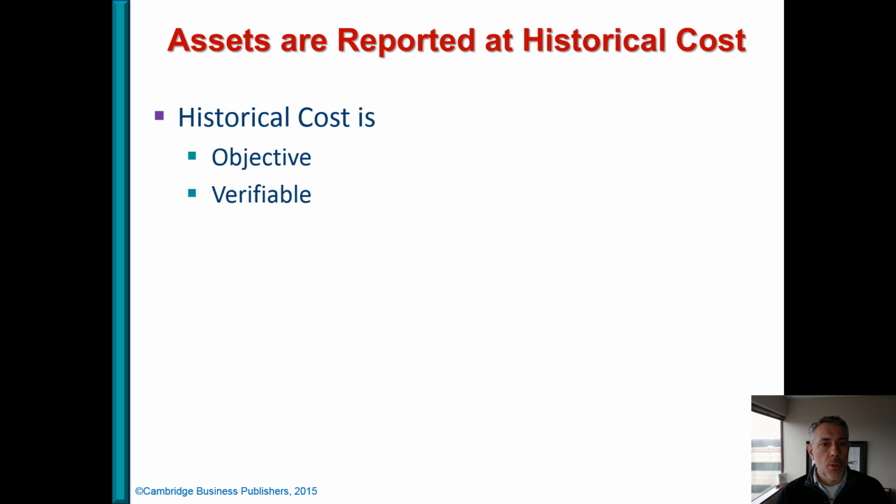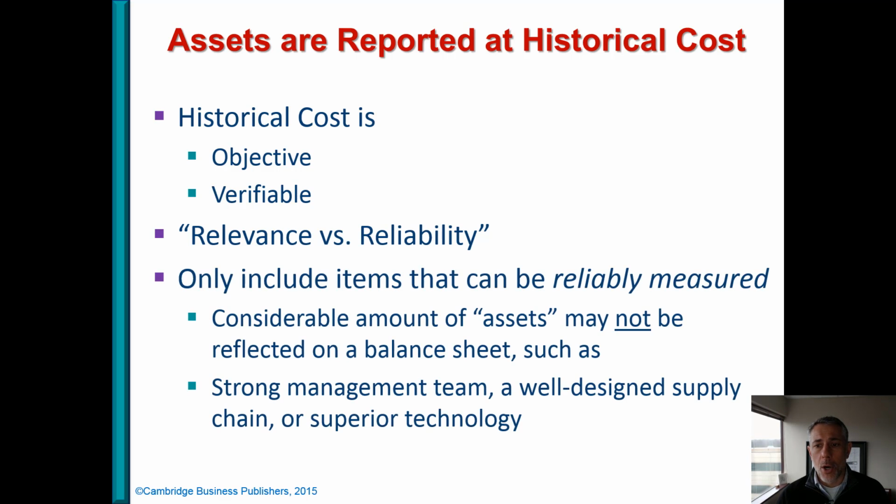Assets are reported at historical cost. We use historical cost partly because it's objective and verifiable. Last week we talked a little bit about why we don't mark assets to market, meaning that when the price of land or real estate, which is a good example, appreciates, why don't we take that asset and mark it up? One of the reasons we don't do that is because it requires an estimation.